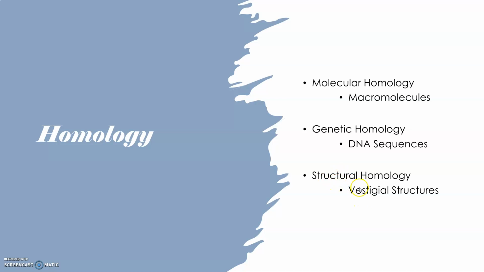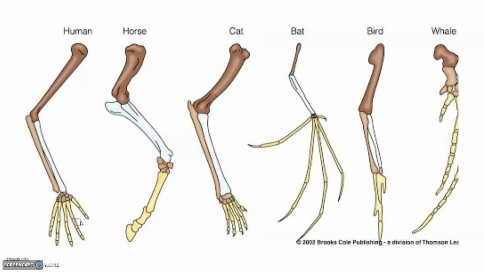And then comparing different structures. For structural homology, you'll often see pictures like this, where you have the forearm bones. There are similarities. You see the cat, the human, and the bat. You get these fingers.